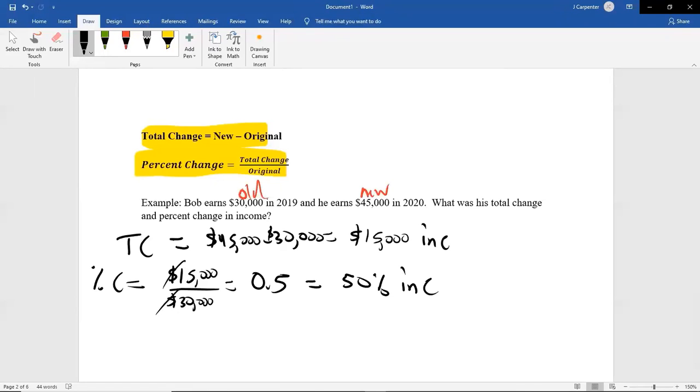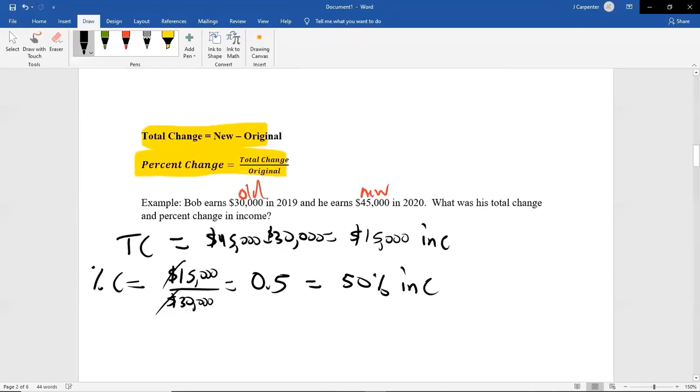But if you made $1 million last year, $15,000 isn't really a huge increase. So that's the awesome thing about percent change, it's relative to what happened in the past. So in this case, given that the past was 30 grand, that was a 50% increase. So he made an extra half of his previous income. That's what it means to be a percent change.